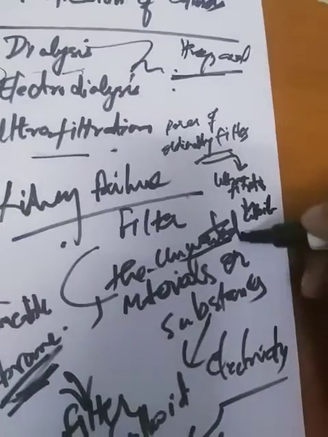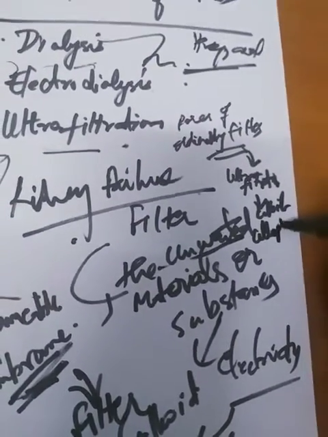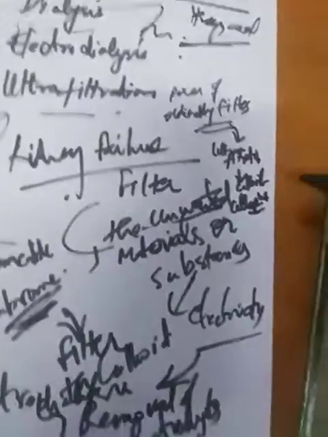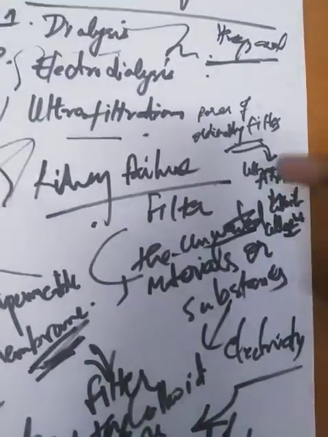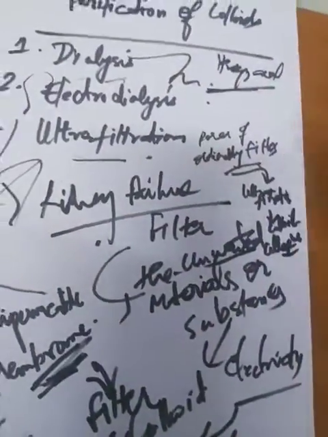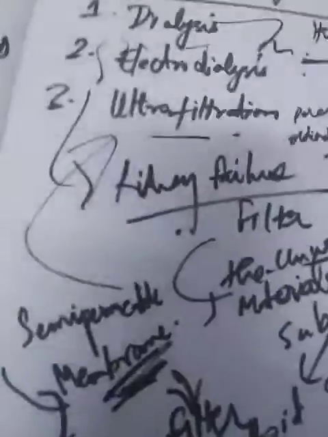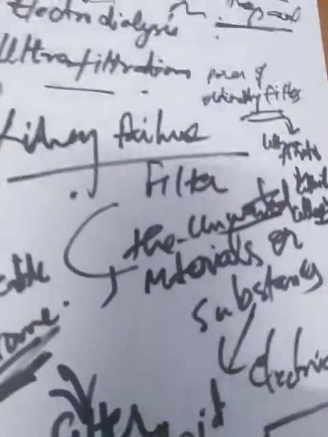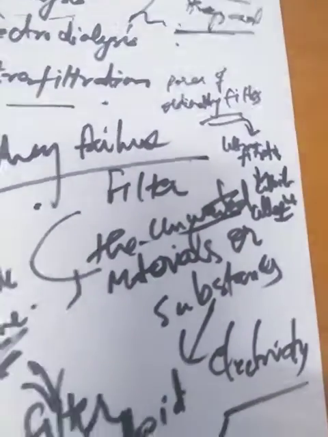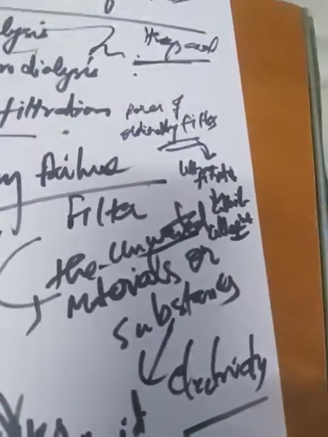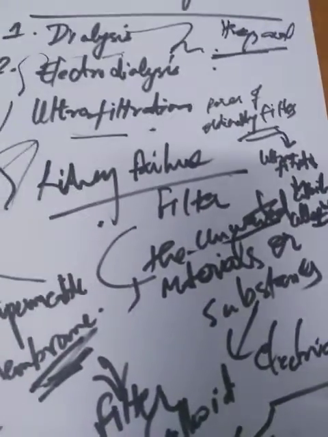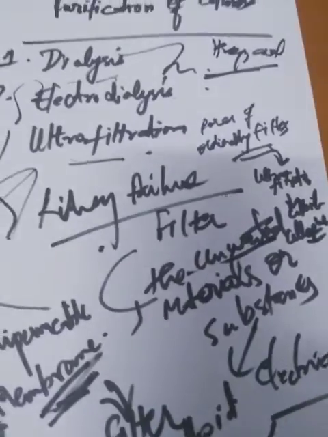We will mostly use cellophane, and this cellophane paper is used to filter the colloidal solution. Since we use this ultrafiltration paper, colloidal membrane, or cellophane, that is called the ultrafiltration method.